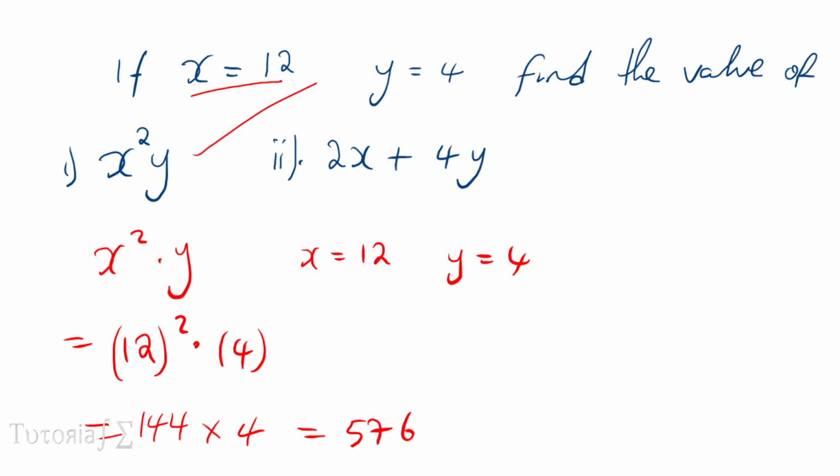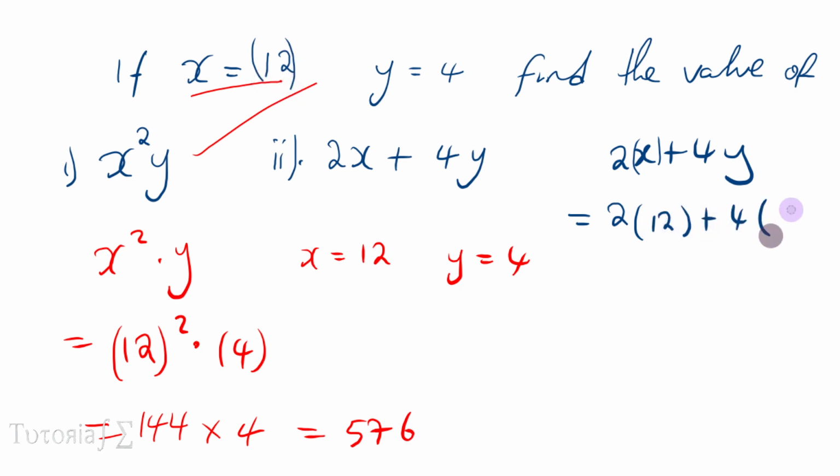Then the second question, we have 2x plus 4y. We have 2 here where there is x. We are putting the value of x, which is 12, plus 4y, where there is y, we're putting 4.